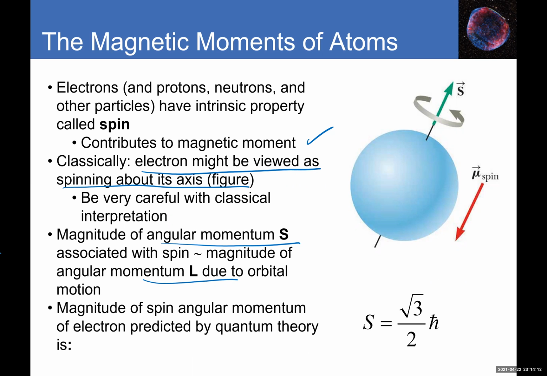Then this is the equation. This is the magnitude of the spin angular momentum of an electron. You have the spin angular momentum, and you have the rotational angular momentum due to the orbital motion, so orbital angular momentum, and then the spin angular momentum.